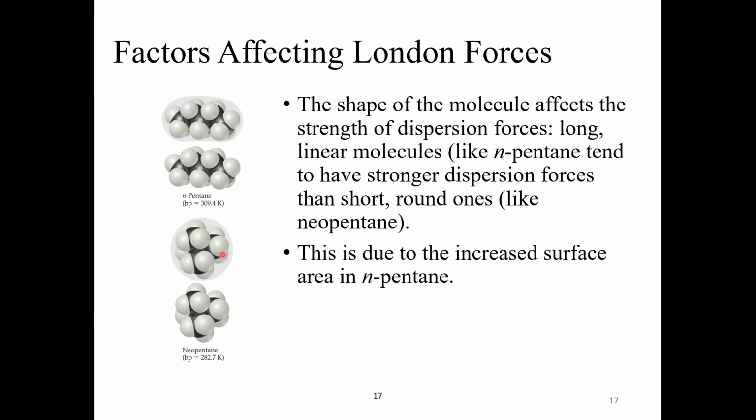Whereas the neopentane, where we've got this branch structure, if we look at the overall structure, kind of just looks like a circle. Now they're not going to fit together as well. It's going to be easier to separate them. So that's why we see n-pentane has a boiling point of a little over 300, whereas neopentane is about 30 degrees lower.